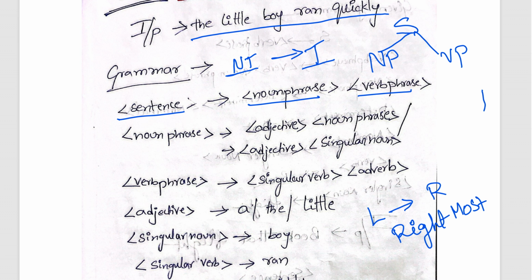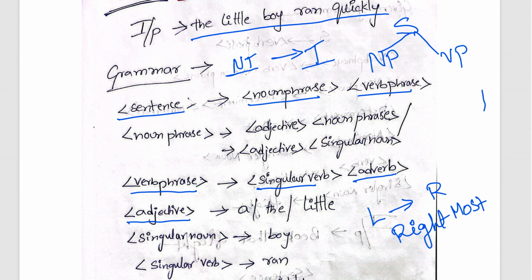Then coming to the verb phrase, the verb phrase is followed with a singular verb and adverb, and the verb phrase can also be followed with a singular verb and a noun phrase. But here we are looking at the input string, right? Based on this input string, what are the adjectives available?